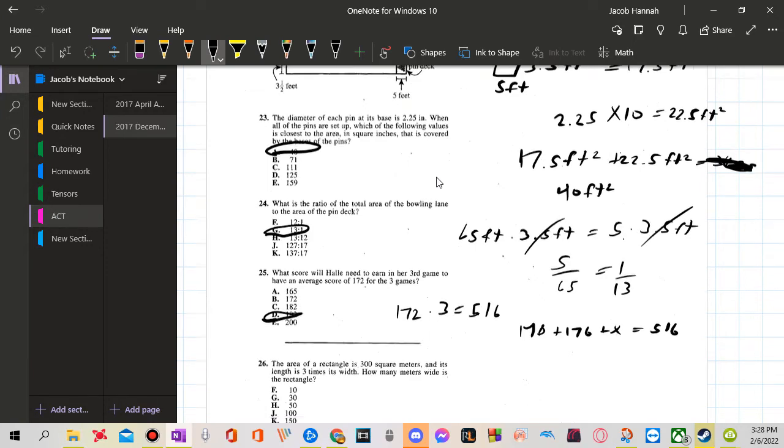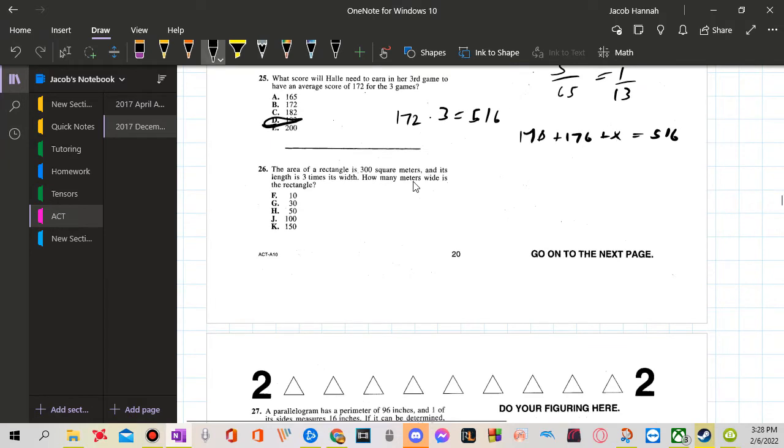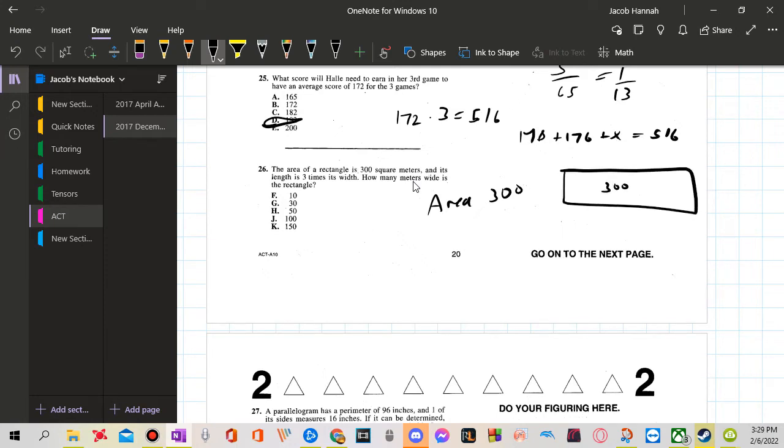Cool. Alright. The area of a rectangle is 300 square meters. And its length is 3 times its width. How many meters wide is the rectangle? Alright. So the area is 300, and this is 3 times its width.